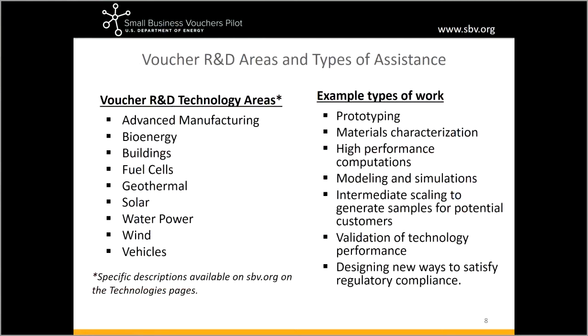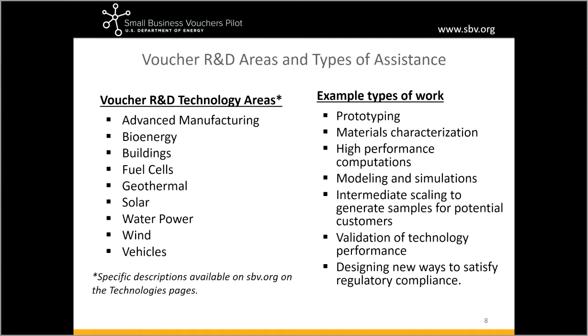It is important to understand that the funding for the Small Business Voucher Program is from the Energy Efficiency and Renewable Energy Office of the Department of Energy. And the dollars that are made available are allocated by Congress. And so we have to ensure that the work that we perform under these vouchers is consistent with the funding that came from Congress.